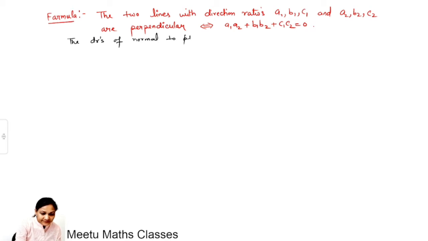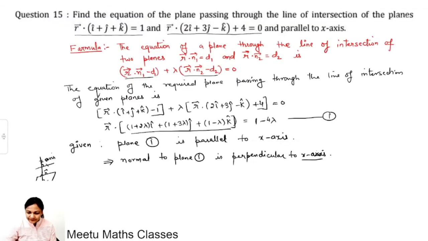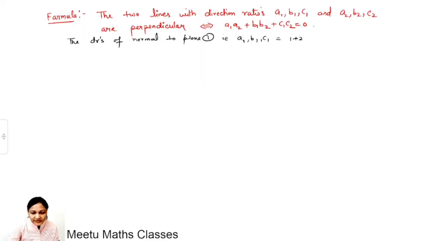So here we are going to find out the direction ratios of normal to plane 1, and that is, let us say a1 b1 c1, and they are equals to 1 plus 2 lambda, 1 plus 3 lambda and 1 minus lambda. And the direction ratios of x-axis is, suppose a2 b2 c2, and that is 1 0 0, the direction ratios of x-axis.